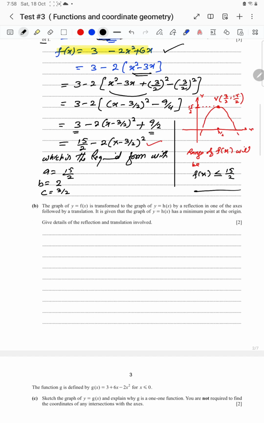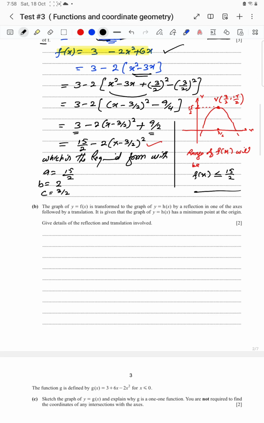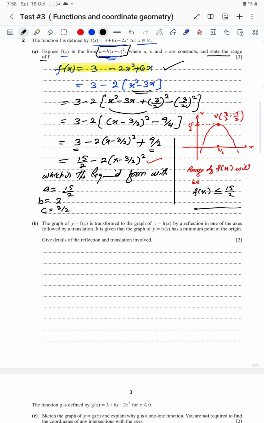B part of this question. The graph of y equal to f of x is transformed to the graph of y equal to h of x. We wrote f of x as 15 by 2, and we have converted that into completing square form, x minus 3 by 2, where in the figure it was clear. You have the vertex 3 by 2 and 15 by 2.